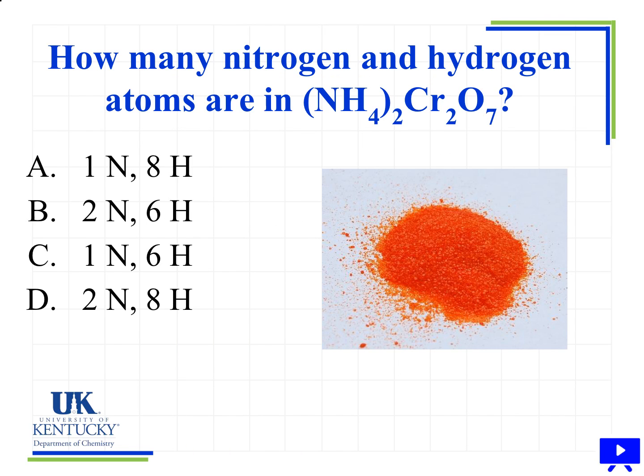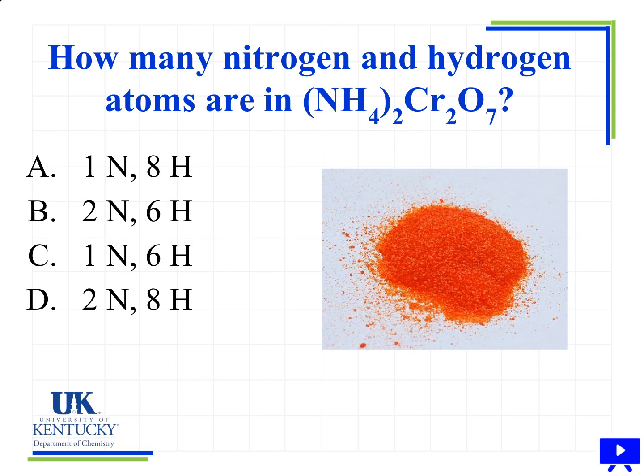So let's let you try one. But first we want to look at how many atoms of nitrogen and hydrogen are in this compound. It happens to be called ammonium dichromate. When we look at the formula, we need to remember that the subscript outside the parentheses belongs with everything in it as well.